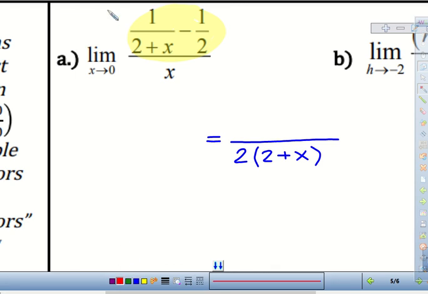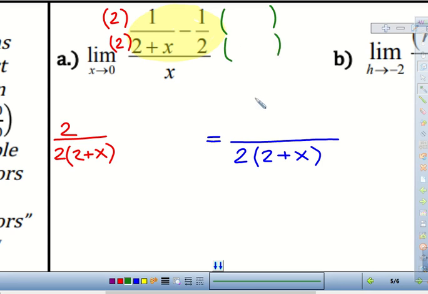So what can I multiply this first fraction by on the top and bottom? 2. Yes, that's going to get me to have that denominator, right? So that's going to become 2 over 2 parentheses 2 plus x. Now what am I going to have to multiply that second fraction by on the top and bottom? 2 plus x.